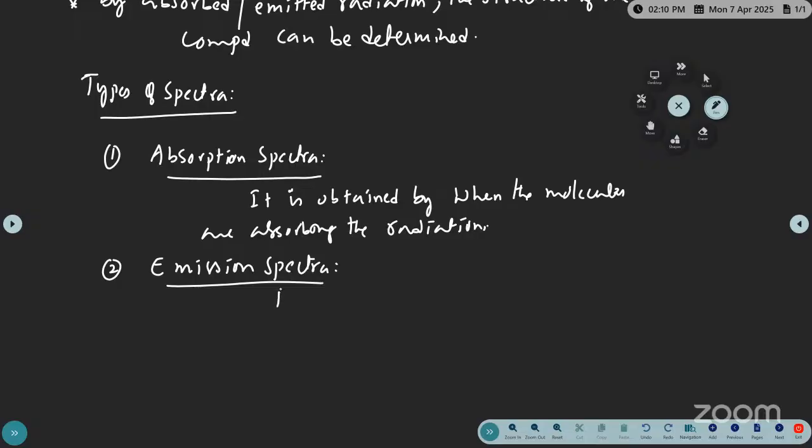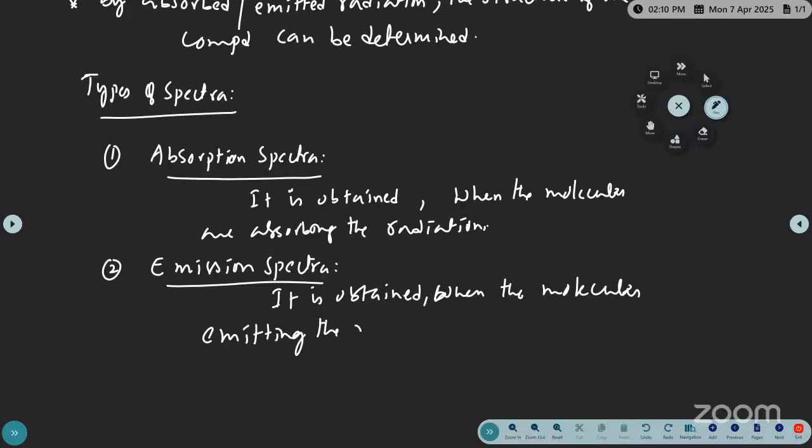It is obtained when the molecules are emitting the radiation.